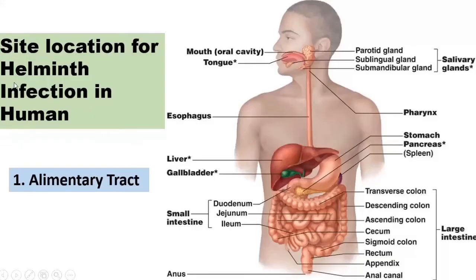These are the sites or locations for helminthic infection in humans. These are usually found in the alimentary tract, caused by ingestion of the parasitic worm. In the alimentary tract, they are found in the mouth, the pharynx, the esophagus, and in the intestines, specifically in the small intestine or the large intestine.